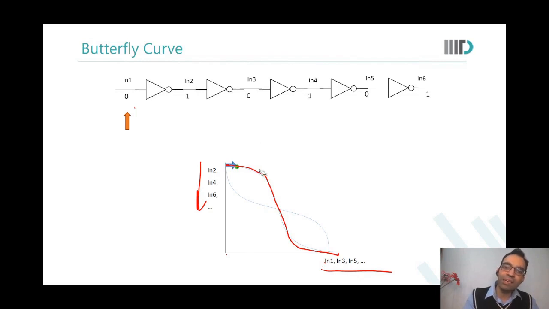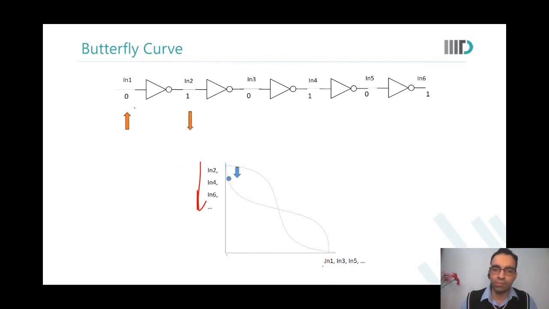N2 became slightly lower than 1. On N2, I injected the opposite side of noise. So what happened? When N2 went to a further lower value, N1 became slightly greater than 0.